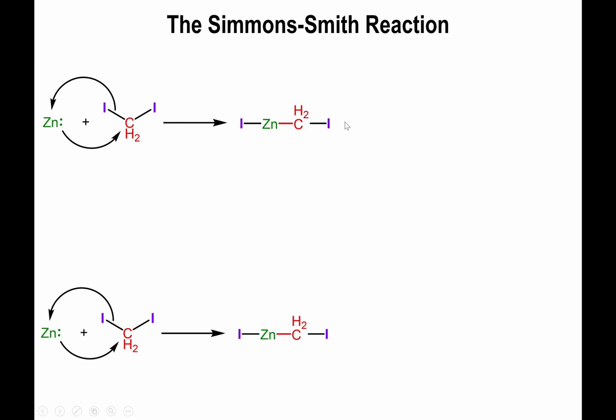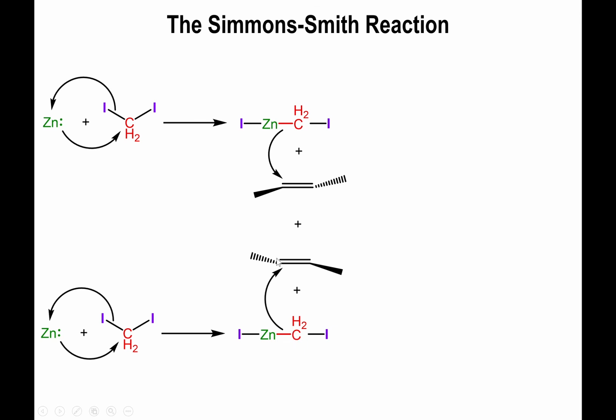So you create this structure right here, which has halogen, zinc, carbon, halogen. And then when the alkene approaches, you can attack via the red bond right here, the carbon-zinc bond, which is technically mostly centered on the carbon more so than zinc.